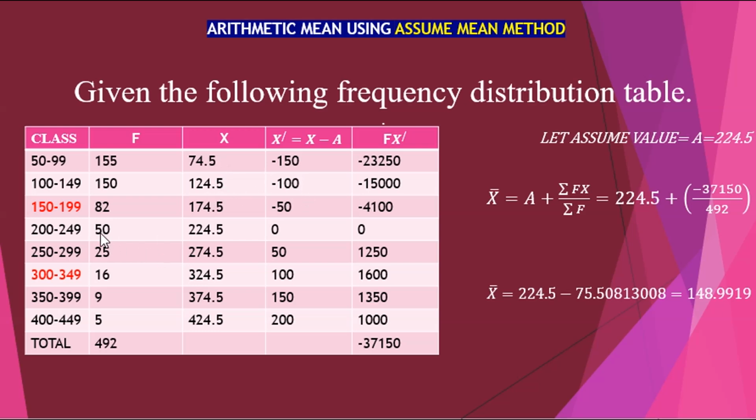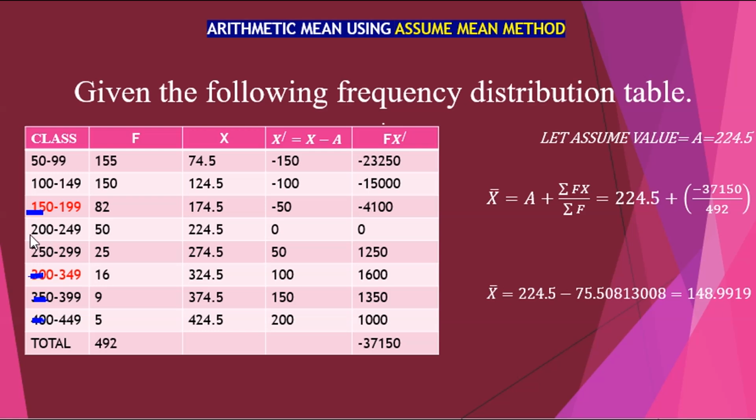Therefore, in getting our assumed value, firstly we count all these values: 1, 2, 3, 4, 5, 6, 7, 8. The class intervals are 8. Therefore, we are going to divide it into 2. Firstly, you count from top 1, 2, 3. Then from bottom 1, 2, 3.